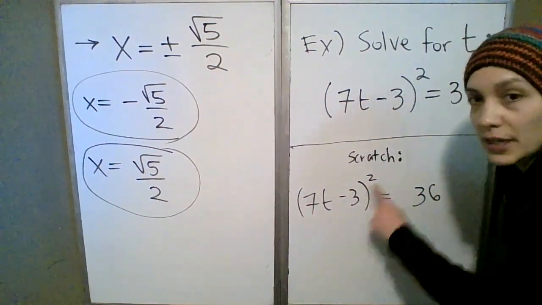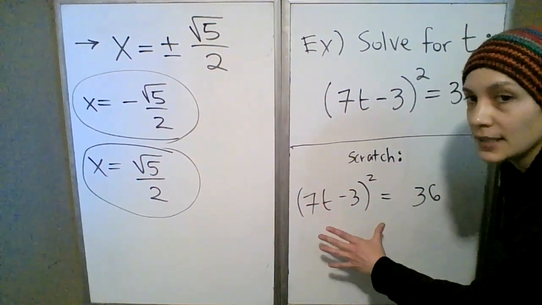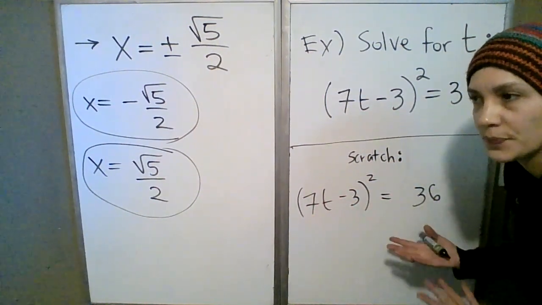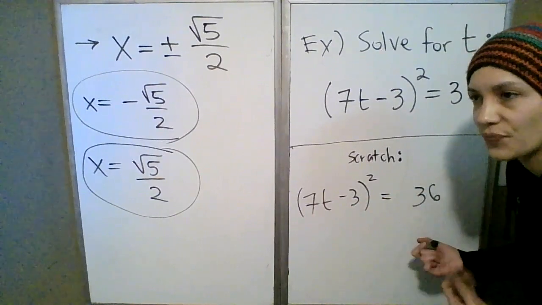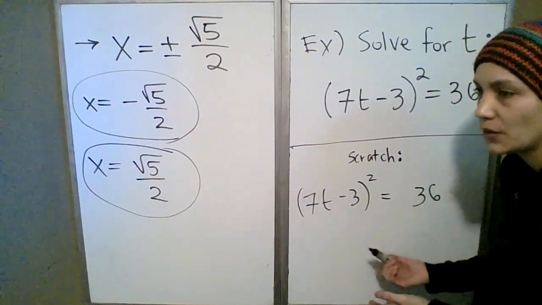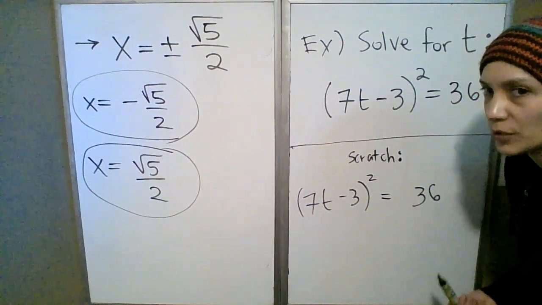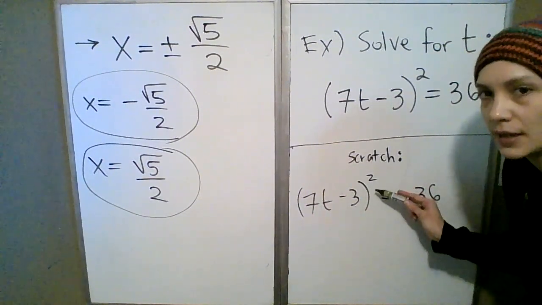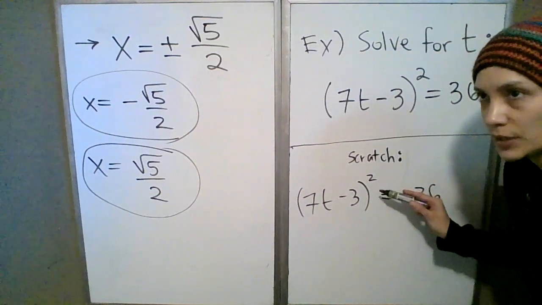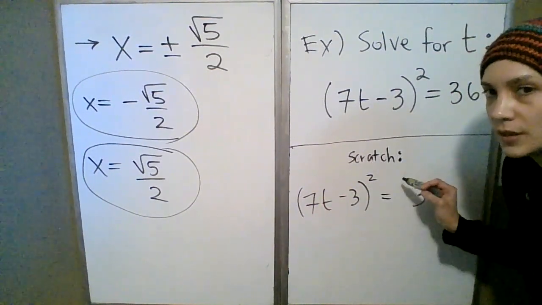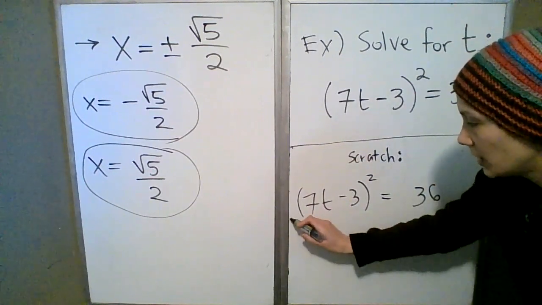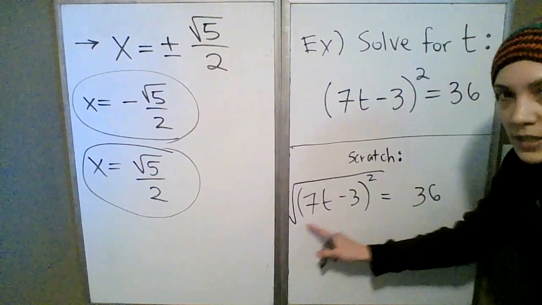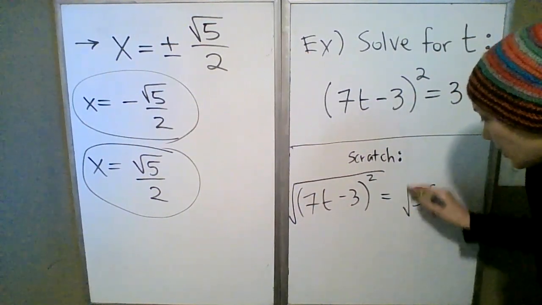Okay. I'm trying to get this t isolated. So I need everything around it to get on one side of the equation, following all of the appropriate rules. Okay. First is to get rid of this power. I can take care of this power 2 with a square root, or root 2. So we square root this side, but this is equal to this, so the root of this number has to be equal to the root of that number.